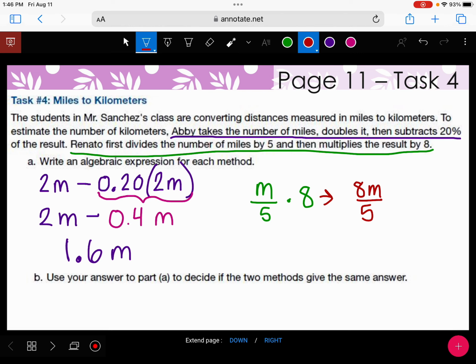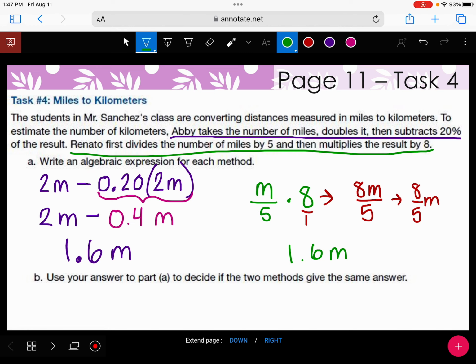Because when we're multiplying, we multiply across, m times 8, 5 times 1. That's the same thing as 8/5 m. What's 8/5 as a decimal? So this is 1.6m.